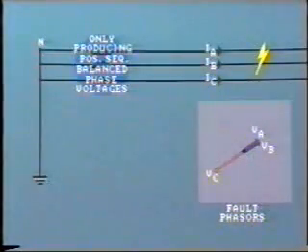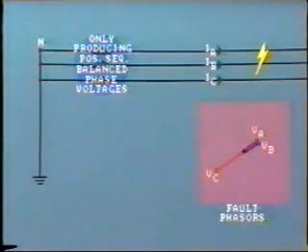Now remember, the generator, as always, is still producing positive sequence phase voltages, but at the fault, the voltage phasors look like this, with the different phase voltages being identified by VA, VB, and VC.